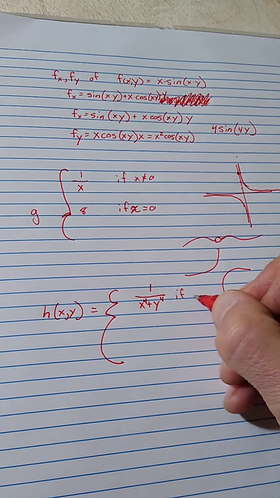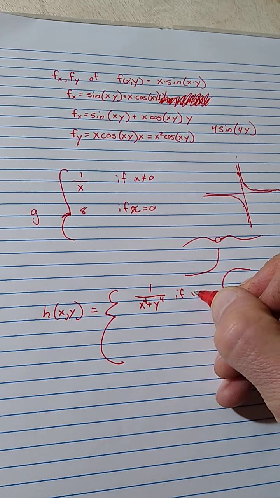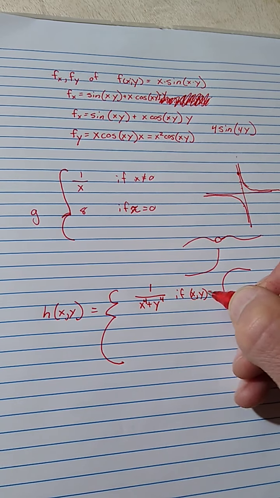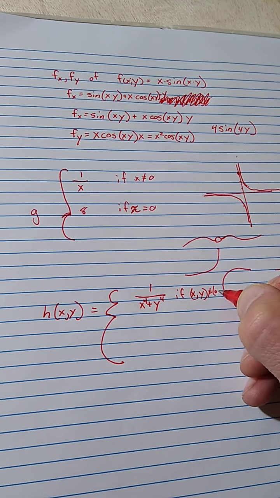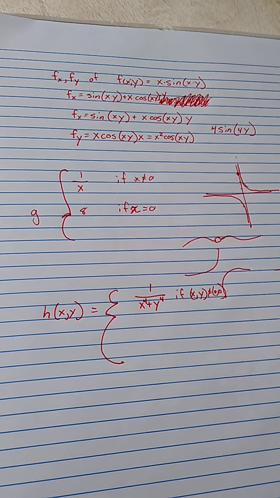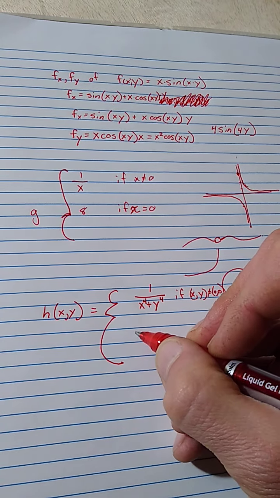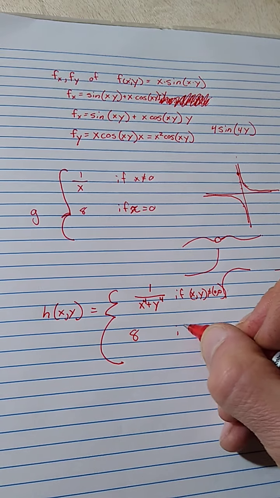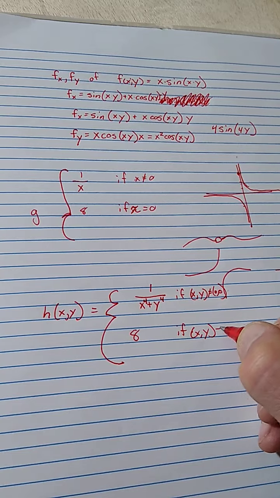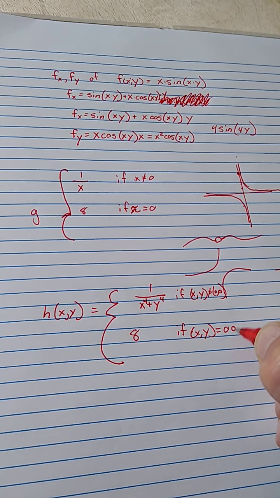And that's if x, y is not 0, 0. Okay. And then we're going to say it's 8 again if x comma y does equal 0, 0.